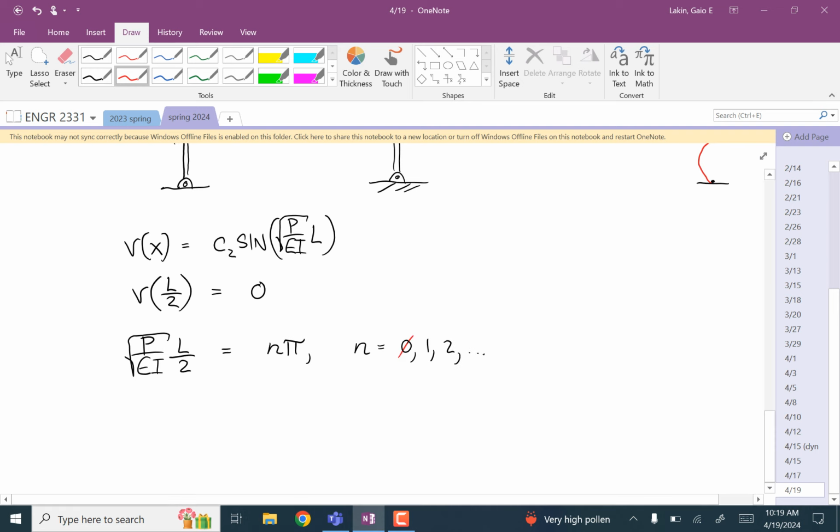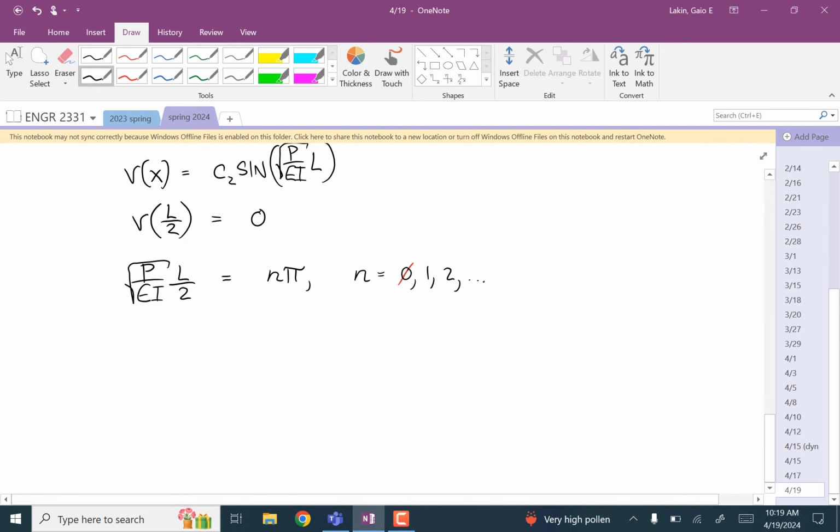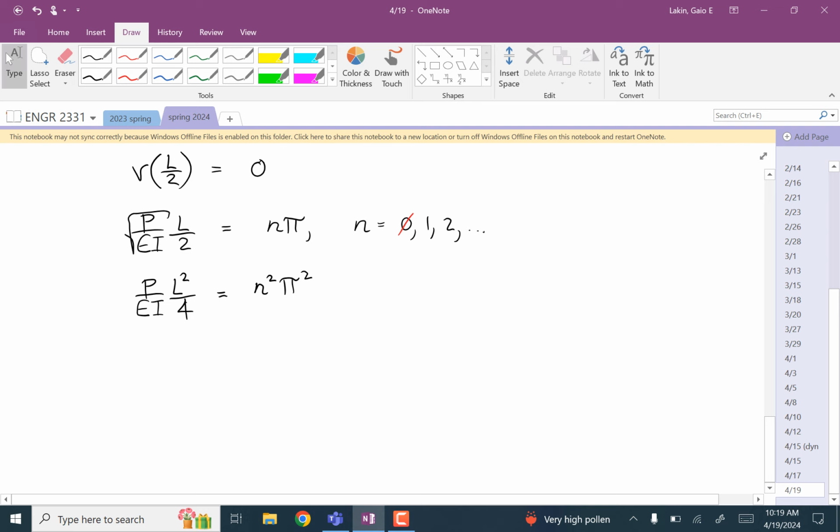Square both sides, you get P over EI times L squared over 4 is equal to N squared pi squared. And so P critical is equal to 4 EI times pi squared over L squared.